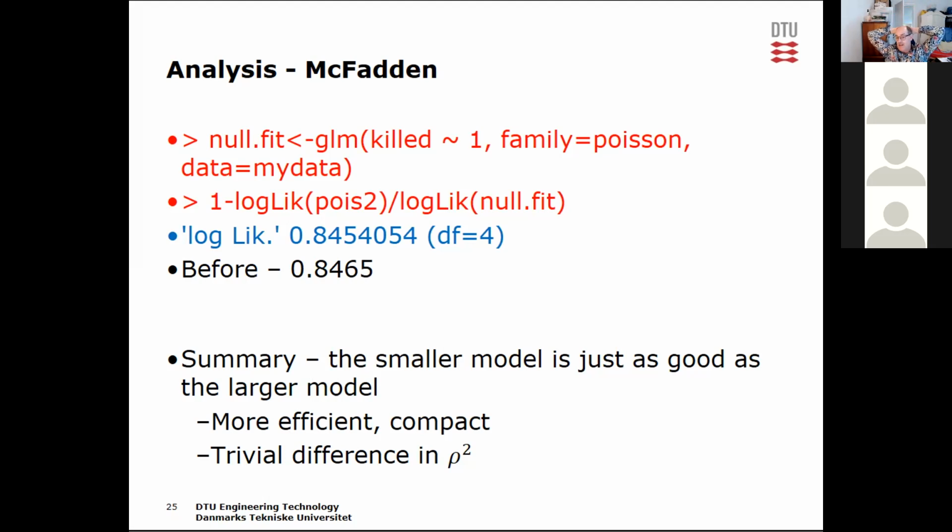So it's a good thing. It says that, remember from linear regression, that all things being equal, the simpler model is better. If we can get good results with a smaller model that has fewer variables, we should do that.